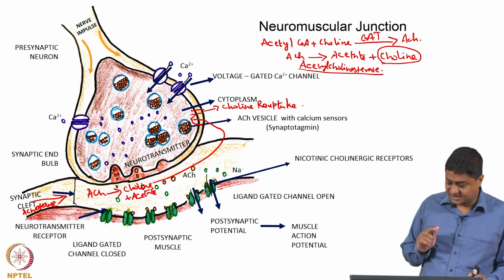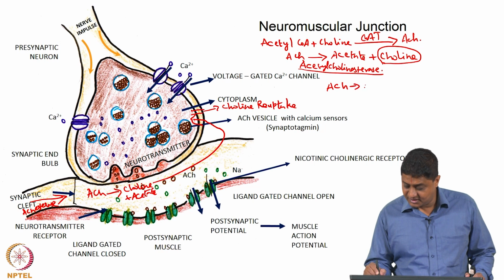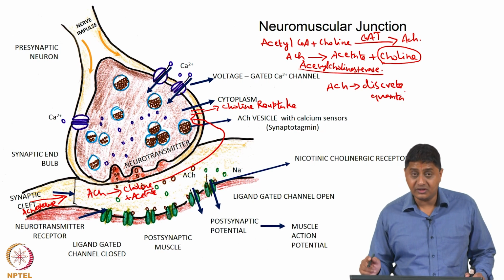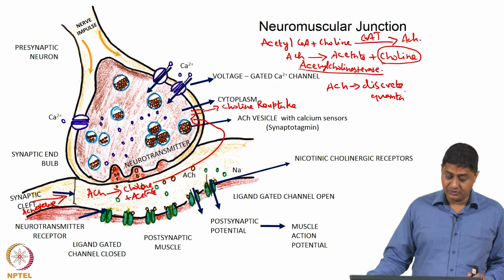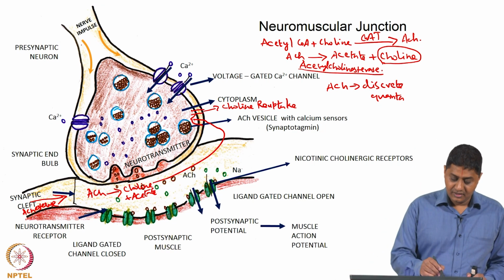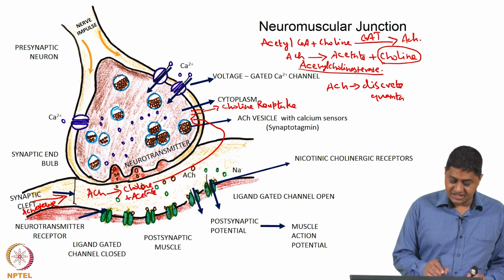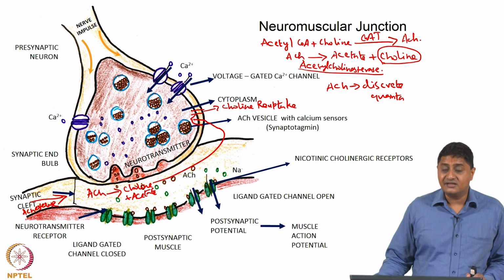We saw that in the previous class. ACh is released in discrete quanta, not continuously, and the amount of release is related to the depolarization, or the amount of calcium entering the cell due to the action potential.